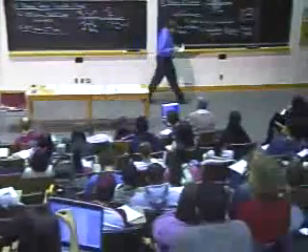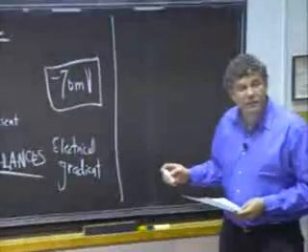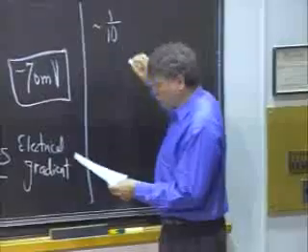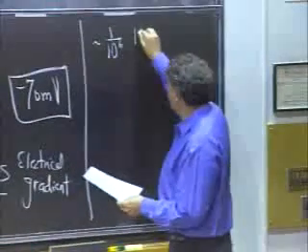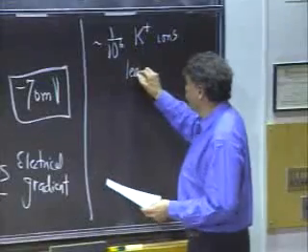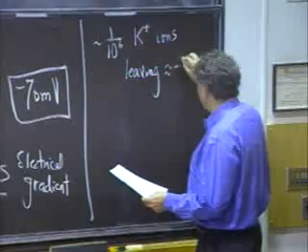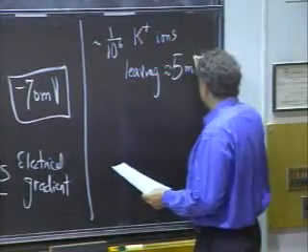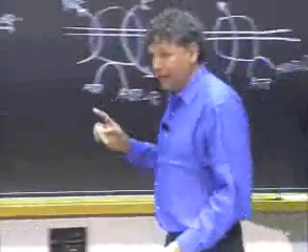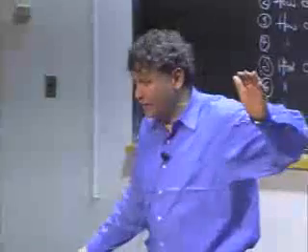Very good. So how much potassium, by the way, has to rush out to set this up? It turns out a trivial amount. About 1 part in 10 to the 6th of all the potassium ions leaving sets up a gradient of about minus 5 millivolts.